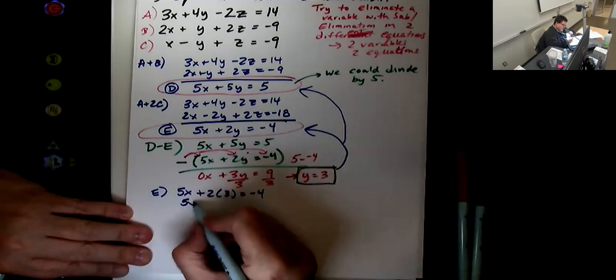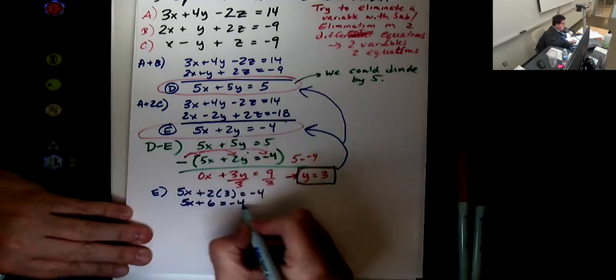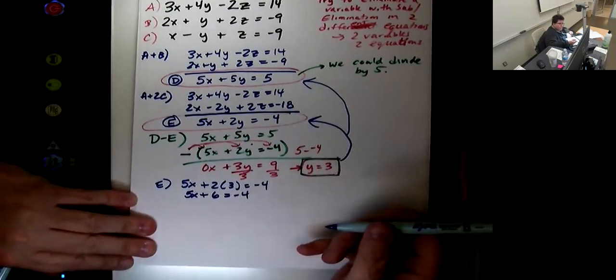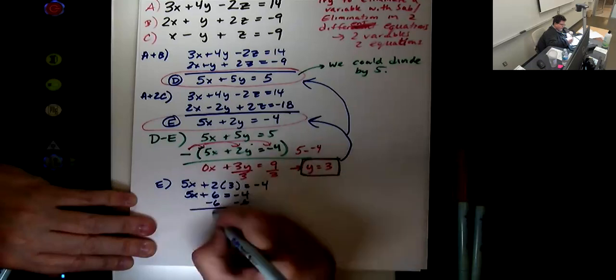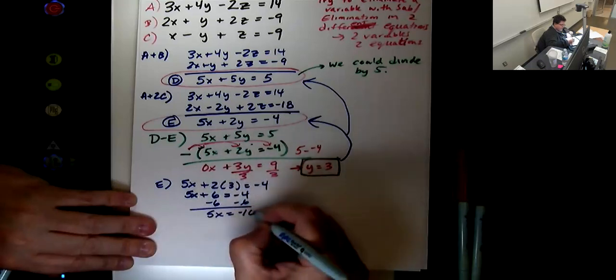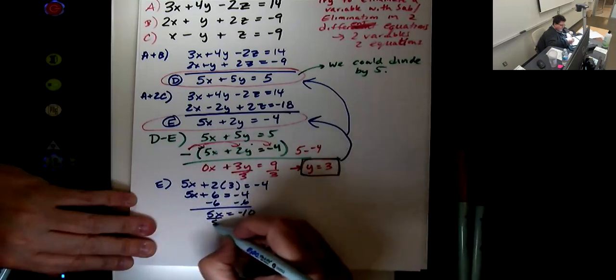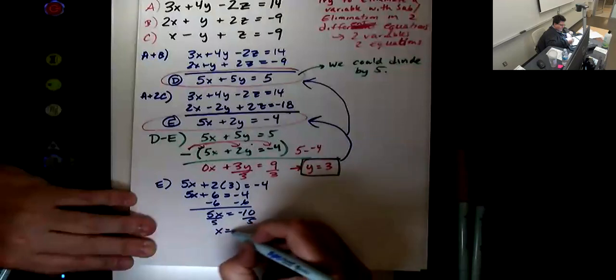So 5x plus 6 equals negative 4. Subtract 6, I get 5x equals negative 10. Divide by 5, I get x equals negative 2.